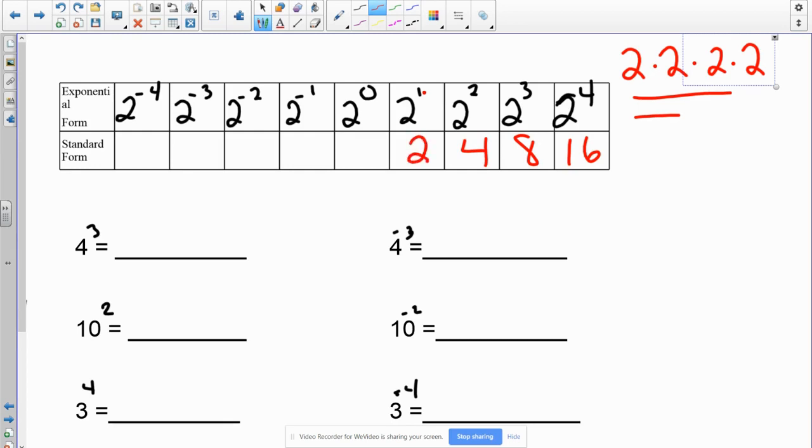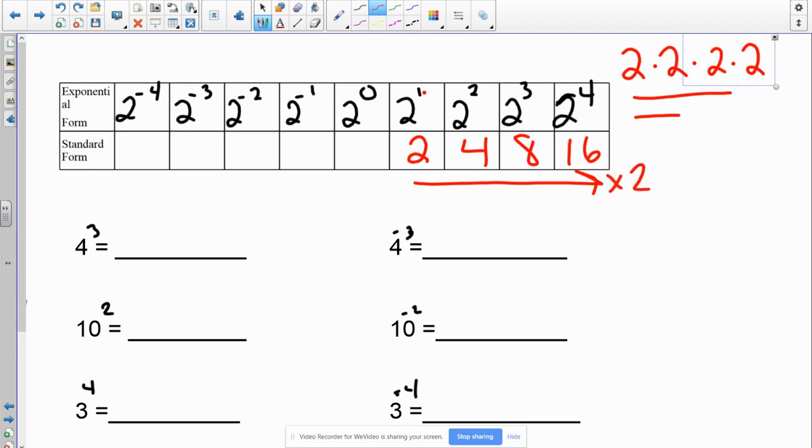So a couple of patterns we're going to start noticing. As we move to the right, notice that the numbers go 2, 4, 8, 16. Those numbers are doubling, or I could say they're multiplying by 2.